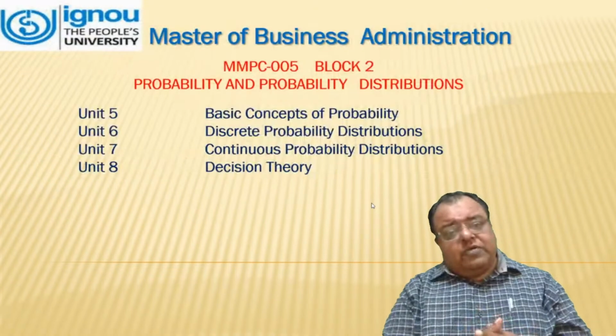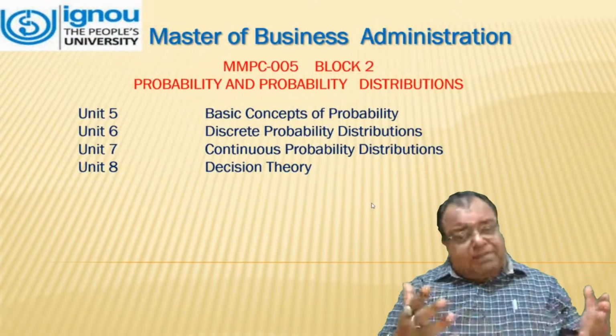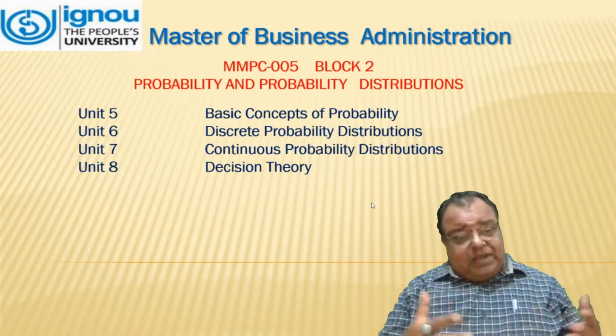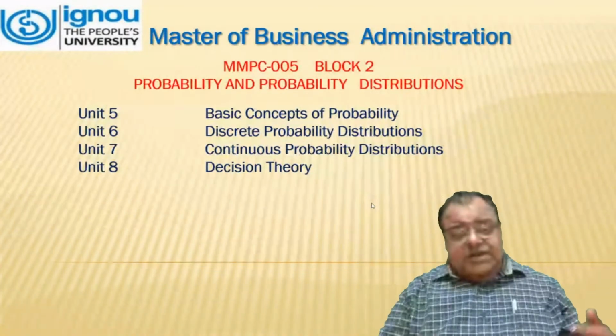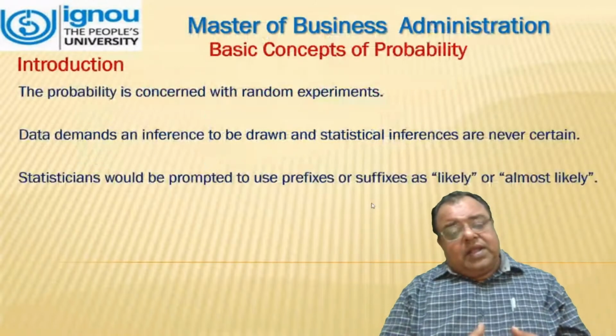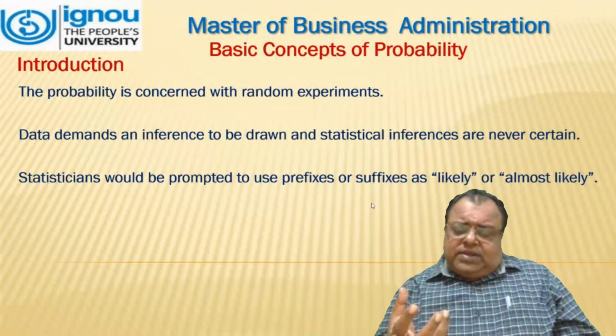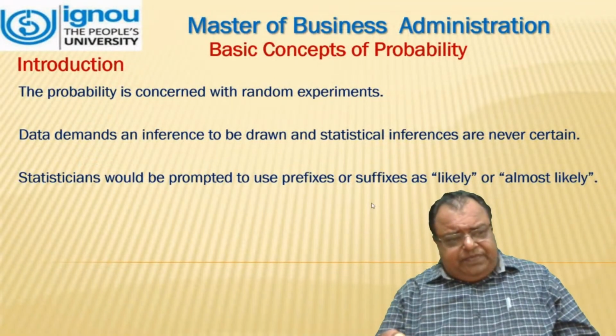Now, we move to block 2, which comprises probability and probability distribution. We have 4 units in that. We will start with the basic concept of probability. Probability is concerned with random experiments.